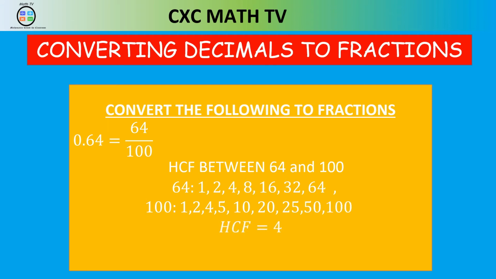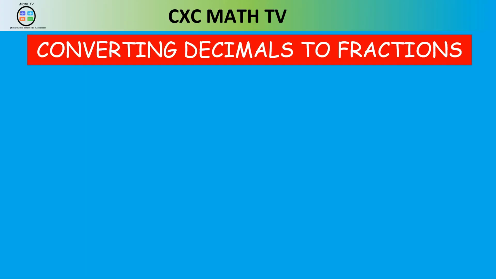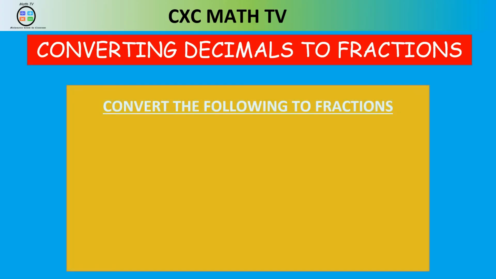Now that we have the highest common factor out of the way, we're going to divide the numerator and the denominator by that highest common factor. And so 64 divided by 4 is 16, and 100 divided by 4 is 25. And so 0.64 is 16 out of 25.